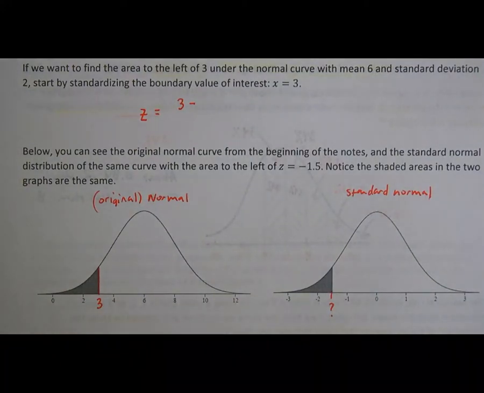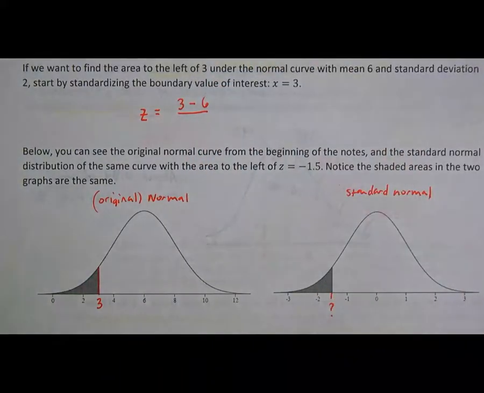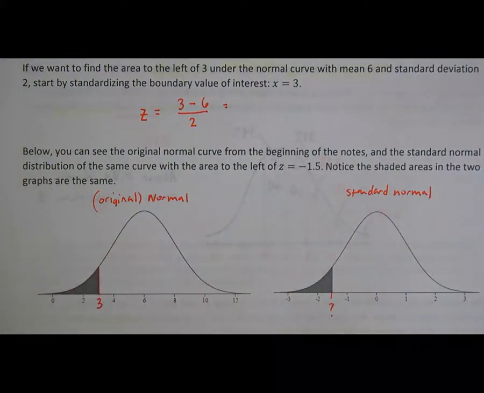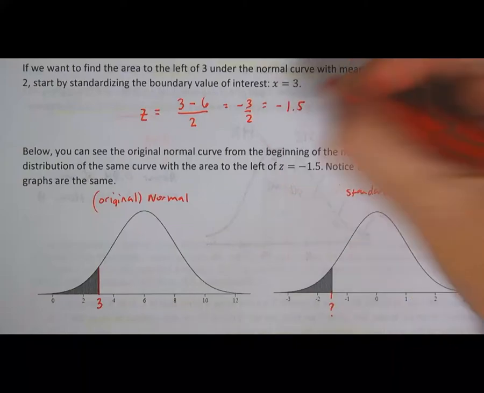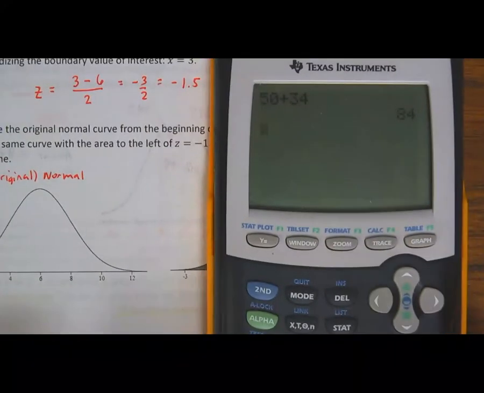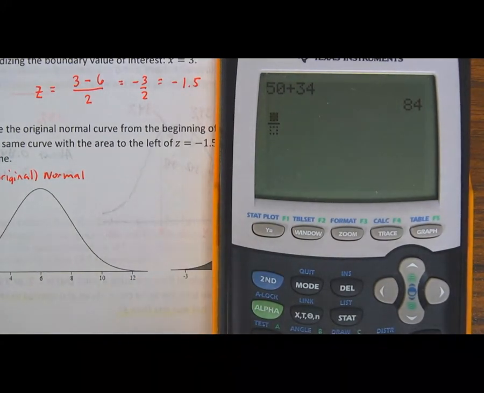So I'm going to take that value of 3, subtract the mean, divide by the standard deviation. That's negative 3/2, which is negative 1.5. And if you're not really strong with your math skills, that's okay. Just want to make sure everybody in here feels comfortable with this. 3 minus 6 over 2.